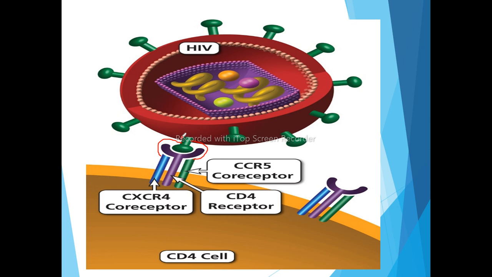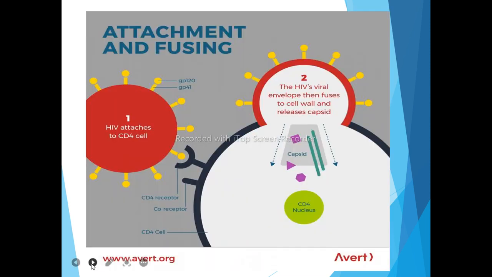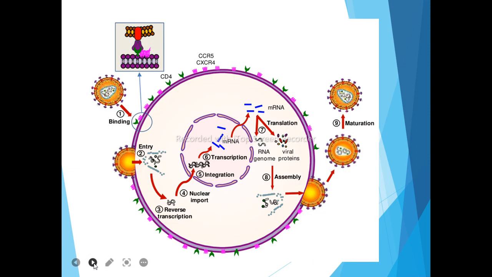This GP41 is going to slide so that the membrane of the virus and the membrane of the CD4 cells will fuse. So this is what this other diagram is showing.